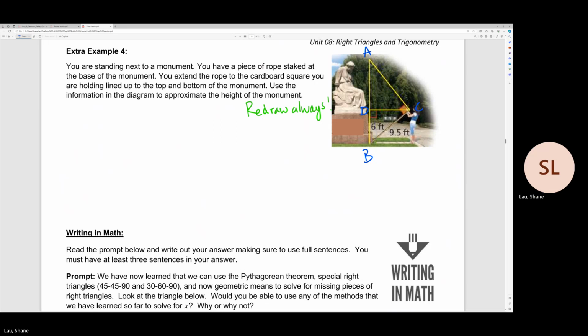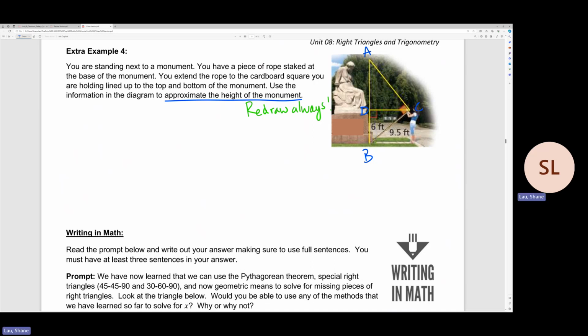So, now that we've definitely made sure that everything's getting recorded correctly, here's the problem that we have. We want to approximate the height of the monument, and we have some tourist taking a picture here. A lot of us are going to look at this and think, I have zero clue how to solve this.